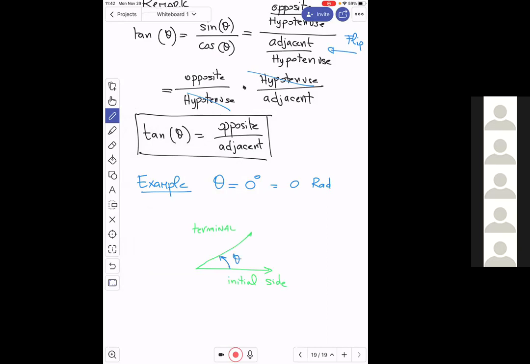Now, if your angle theta is 0, what does it mean? Theta equal to 0 degrees. It's really 0. The angle is 0 means that the initial side coincides with the terminal side. The initial side and terminal side are just the same, right? So theta is 0 means the initial side is the same as the terminal side.